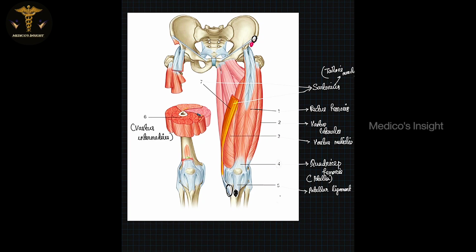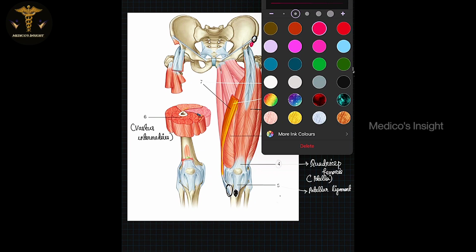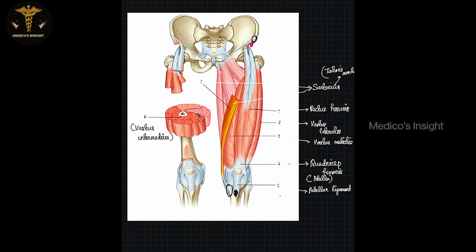From the anterior inferior iliac spine the straight head of rectus femoris arises, and the reflected head arises from the superior aspect of acetabular fossa, that is from here.